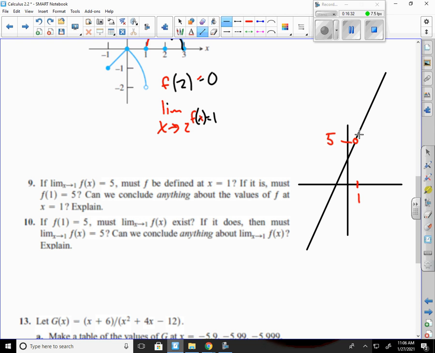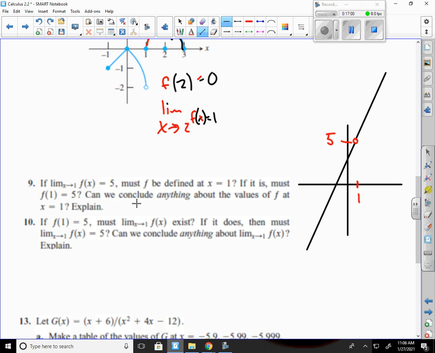So that at this point, there is no value, but the limit does exist. It says, can we conclude anything about the values of f at x equals 1? No. We have no idea what that actual value would be. We know that as you get close to 1, our y value is 5, or our limit is 5. But we don't know what that actual value would be.